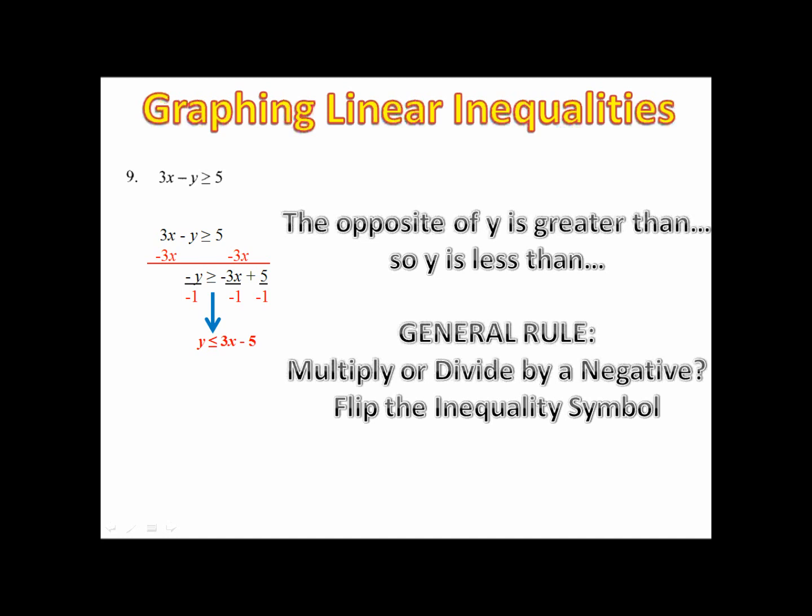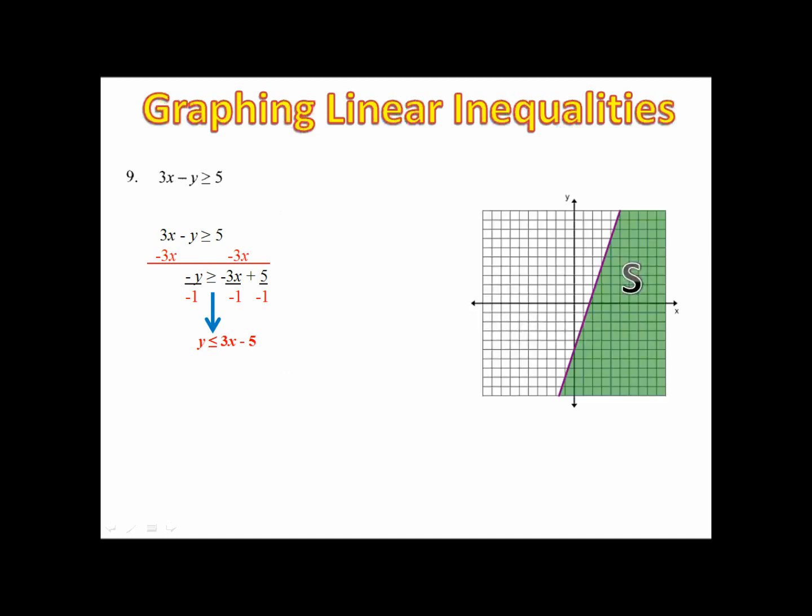As a general rule, when you multiply or divide by a negative number, the inequality flips. So if you want just a simple rule, multiply or divide by a negative, flip the inequality symbol. But if you think about why that happens, it makes perfect sense. If the opposite of y is greater than, then y itself must be less than. Then I simply graph, shade, and label the region.